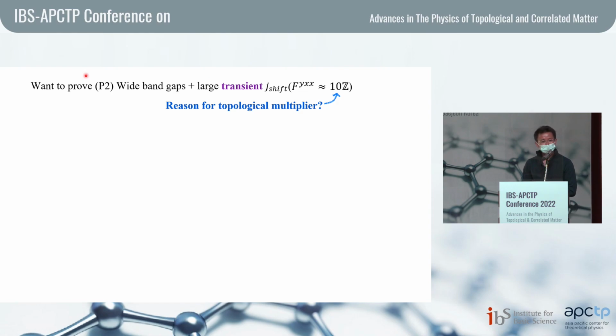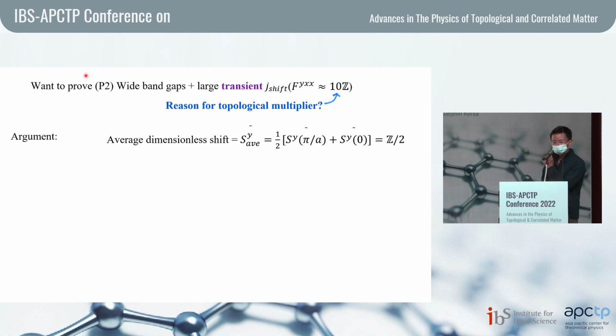I'd like to now demonstrate proposition 2: that this model first has a wide band gap, and also has a large transient shift current, with this figure of merit that is proportional to this topological multiplier. But what is the reason for this multiplier? I'm going to offer an argument.